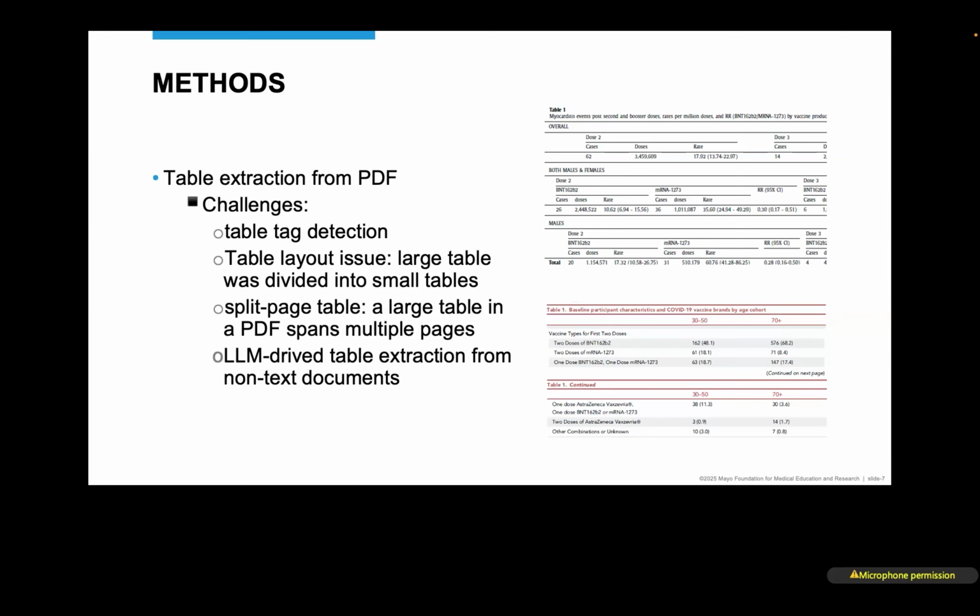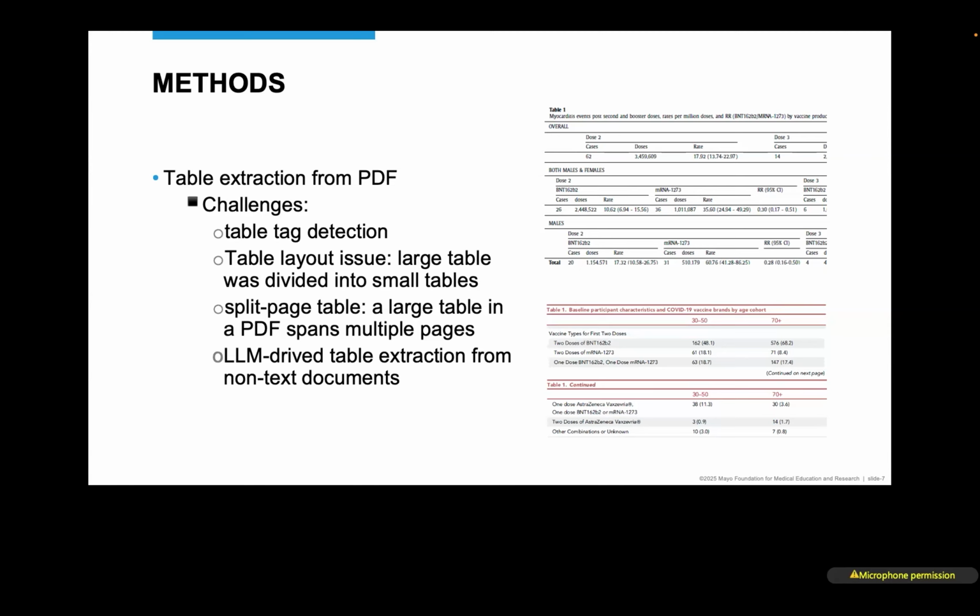For example, in the top right example, the table consists of 4 small tables. Because of the page layout, they are divided into several small ones. It looks like one table, but actually there are 3 or 4 tables in it.